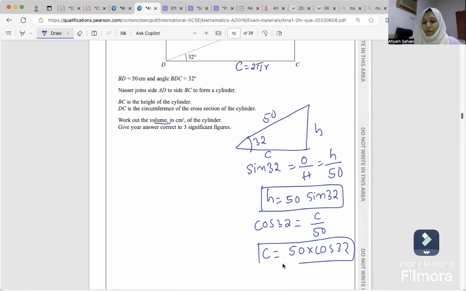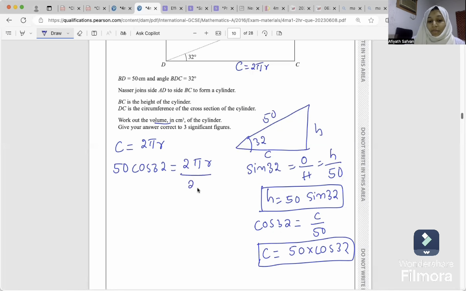So from the triangle, we made an expression for the h as well as the c. Now we know that c is the circumference, which is going to be 2 pi r, and c is going to be 50 times cos 32, which is going to be 2 pi r. And I have to make r the subject, so I'm dividing by 2 pi on both of the sides.